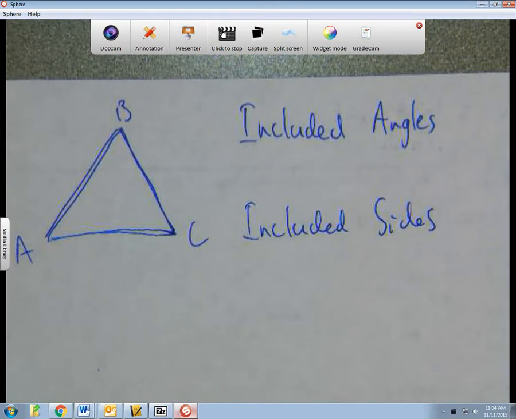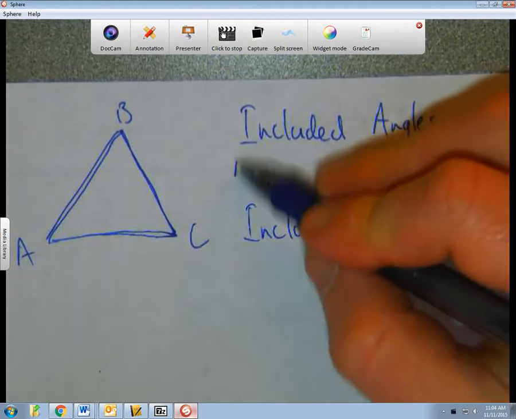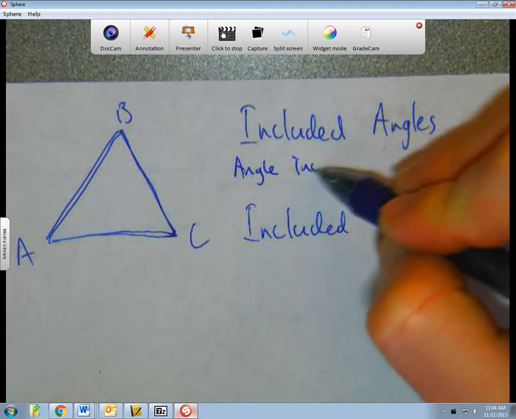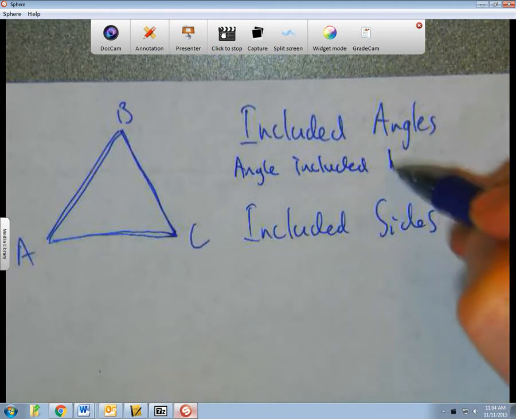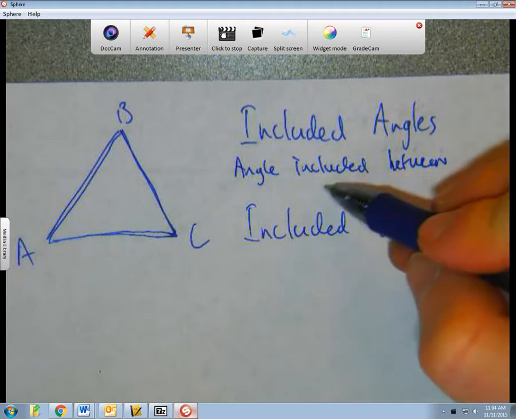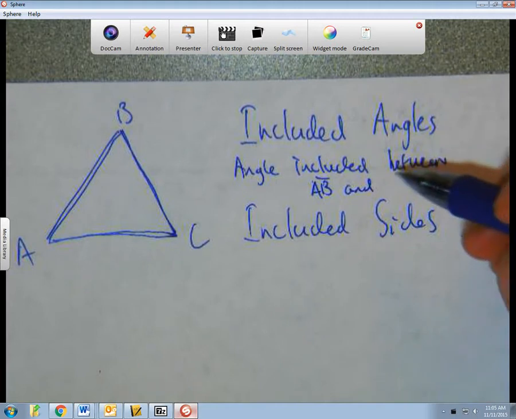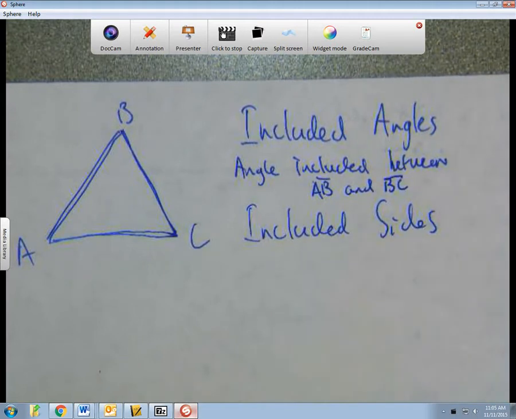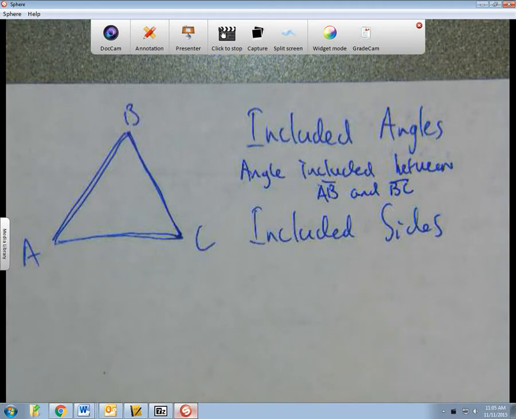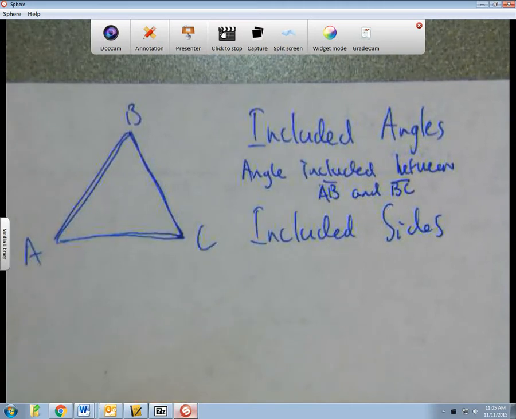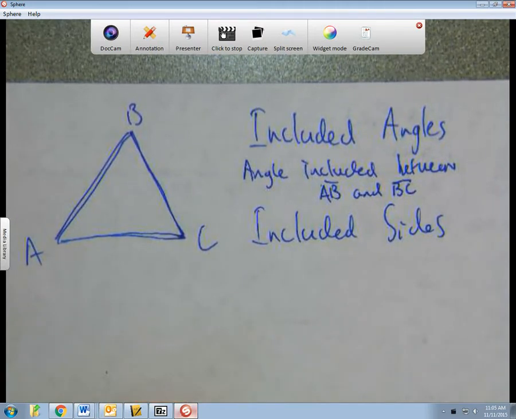So included angle. So if we were talking about the angle included between AB and BC. Okay, and my advice for all this, and I think I need to be more disciplined in making sure you guys do this, is to label what you have on the pictures.